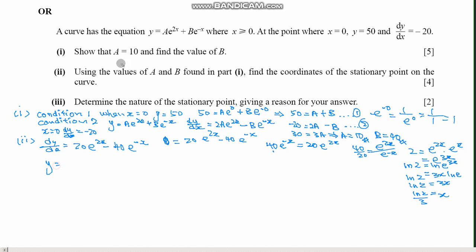So y taken from here: a is 10, so it's 10 e^2x, where x is equal to ln 2 over 3, then plus b, which is 40, times e^minus x, so it's minus ln 2 over 3.